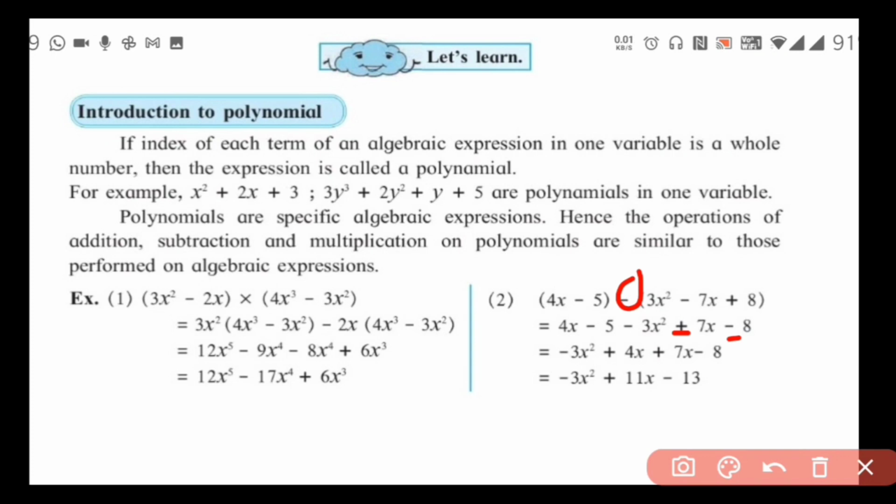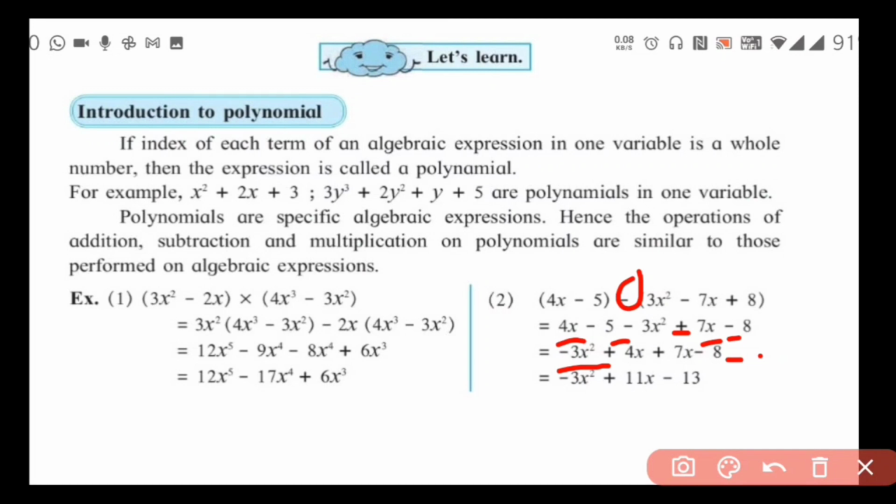Then after that we have to write the terms with the higher index first. As you can see, 3x square has the higher index, so we write it as the first term. So minus 3x square is written, then plus 4x and plus 7x, and then the remaining terms, minus 5 and minus 8.